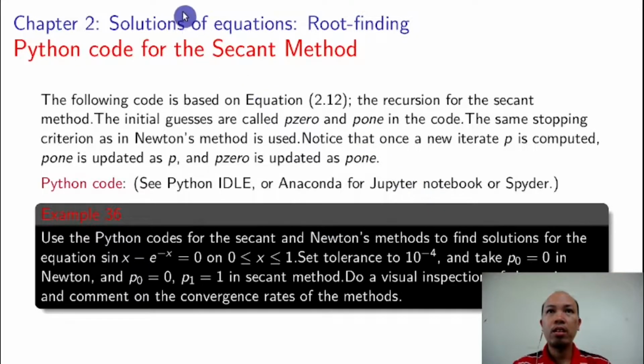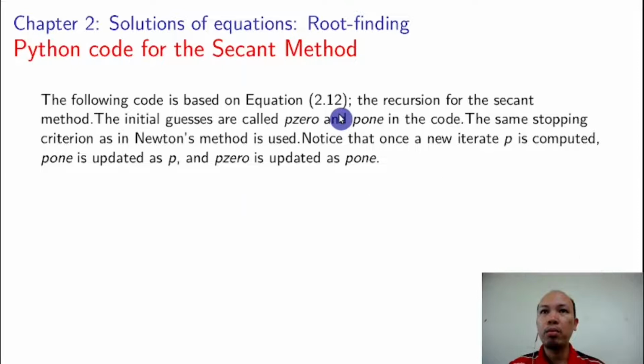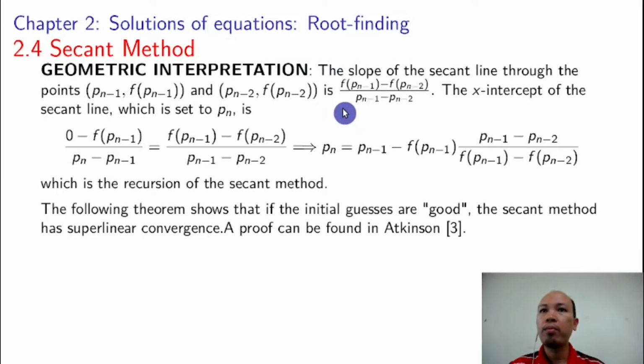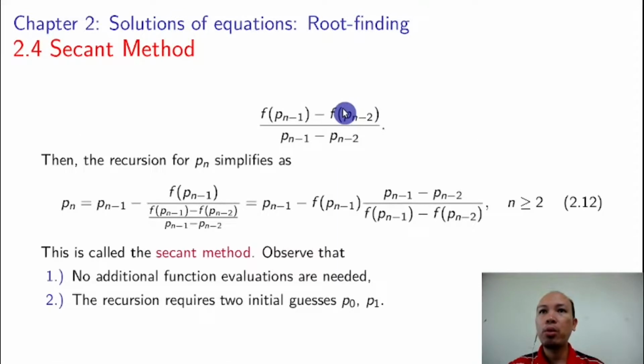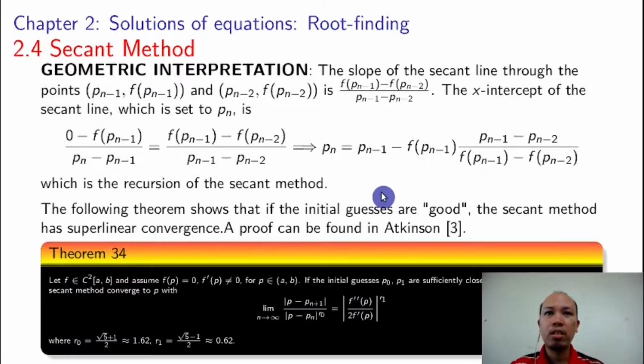This is the Python code for the second method. So this is based on equation 2.12. As you can see here, equation 2.12, this formula. So we will encode this in Python.